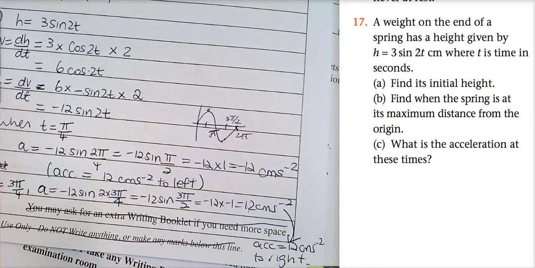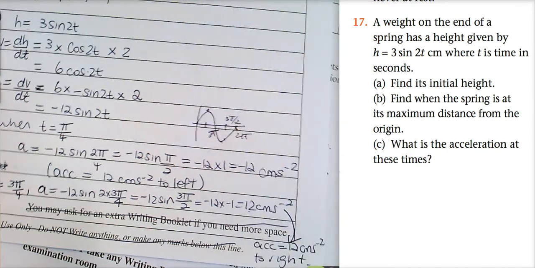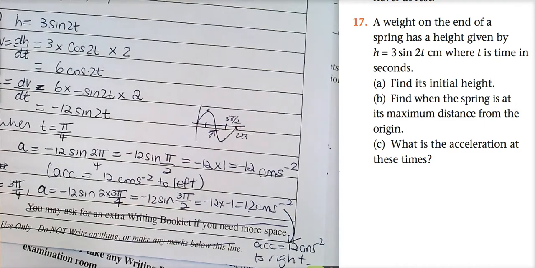Girls, if this particle's swinging, which I think it is, or moving up and down, I think it's swinging, it's moving to the left, it's moving to the right, it's moving to the left, it's moving to the right. That's why acceleration goes from left to right to left to right. Now, every second hump of your graph, when it's concave down, the particle's moving to the left, the acceleration's to the left.